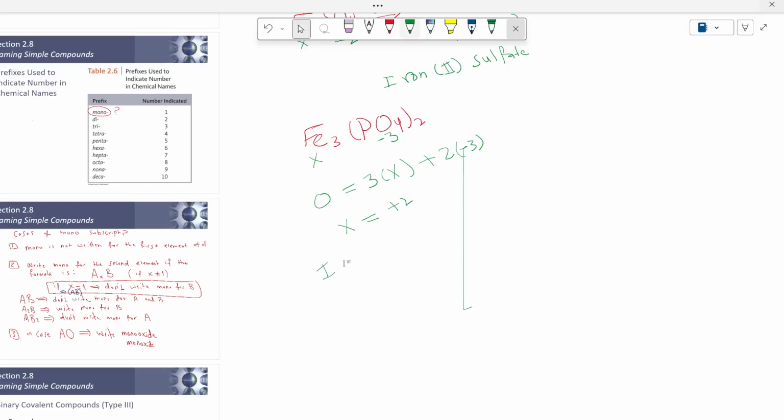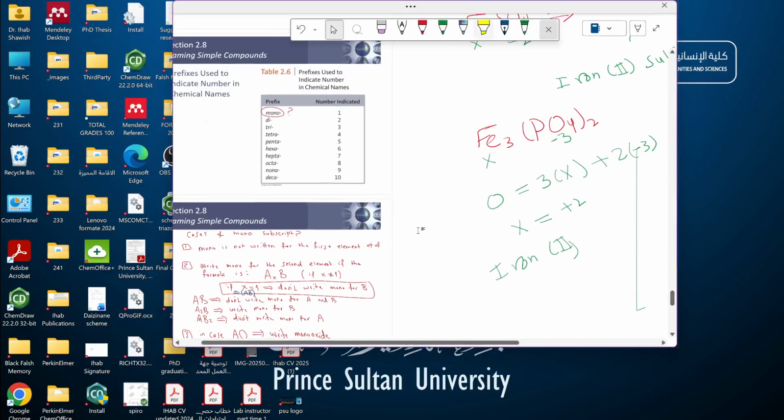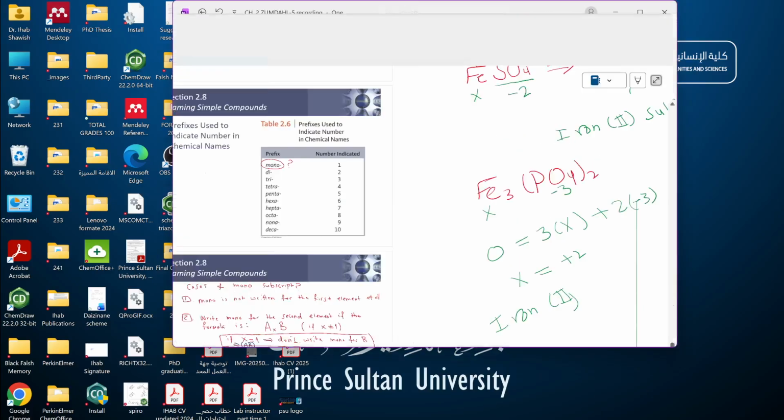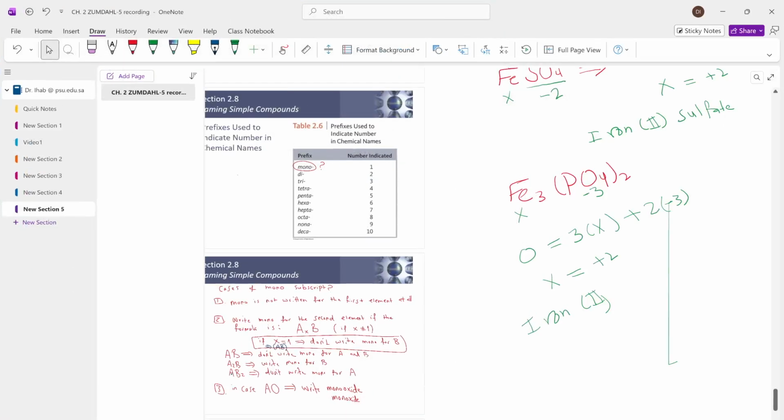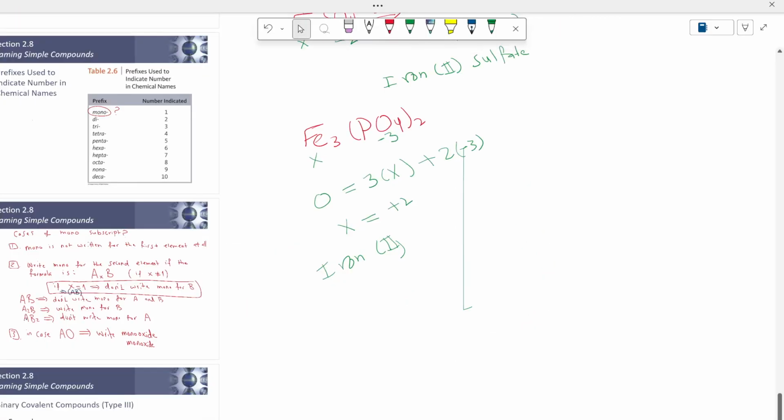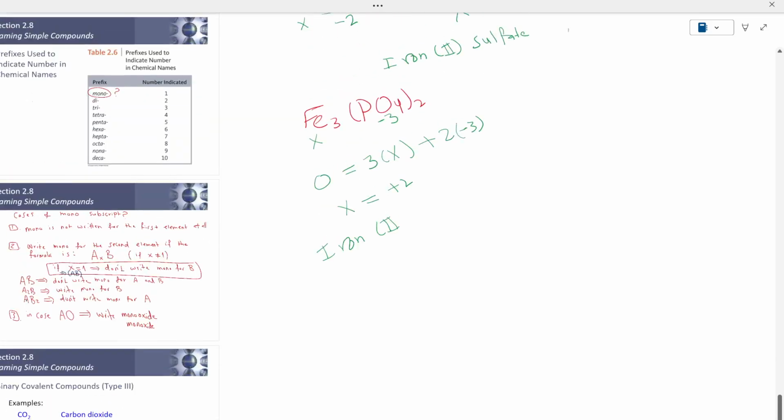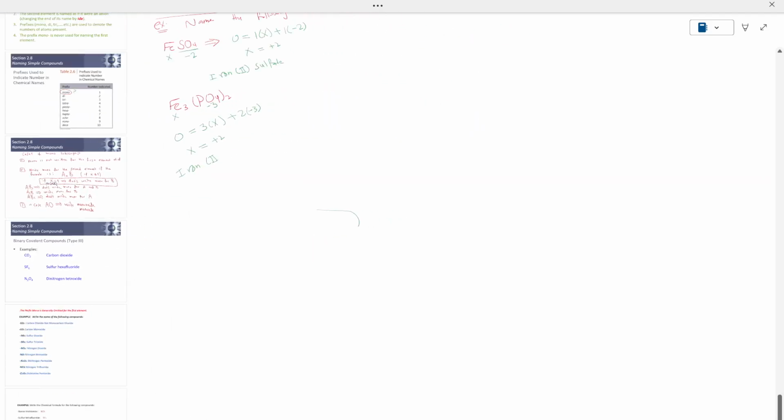So the name of this compound is iron 2 phosphate.